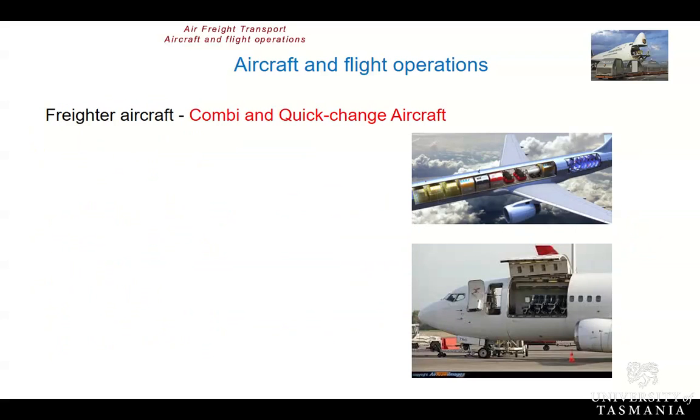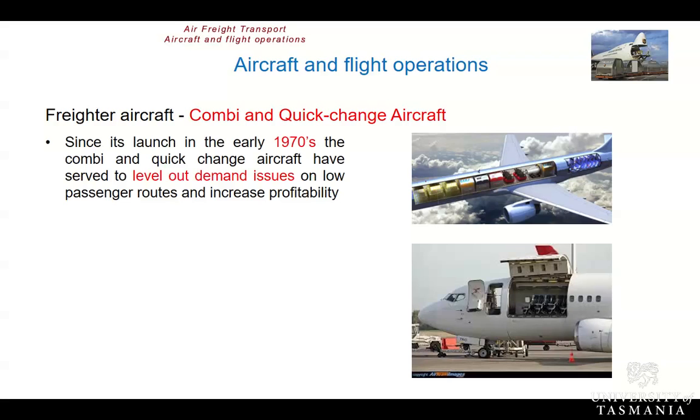Now, moving on to a different sort of aircraft that we haven't spoken about. I touched on it early on, and that's the freighter aircraft called the Combi, or quick change aircraft. Of those two photos, you can see the Combi on top and the quick change at the bottom. There were over 200 of these aircraft built, mostly around the 70s.